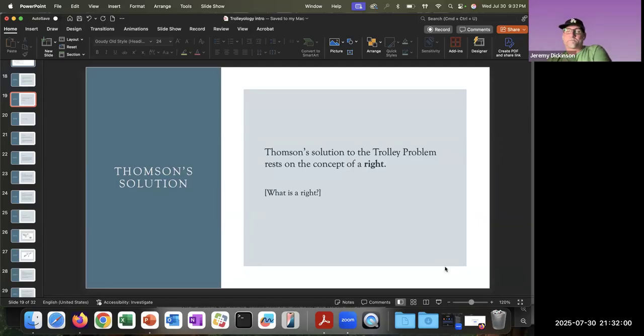Okay, so this is abstract, so maybe a couple examples would help, or let's just work with one. Suppose by killing an innocent person, you could bring about, on balance, more happiness in the world. So you would thereby be promoting the happiness of all by killing some innocent person.